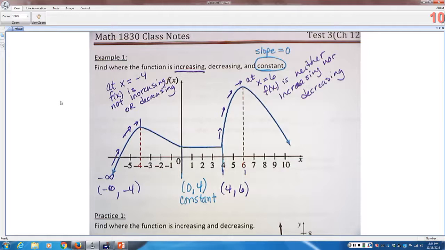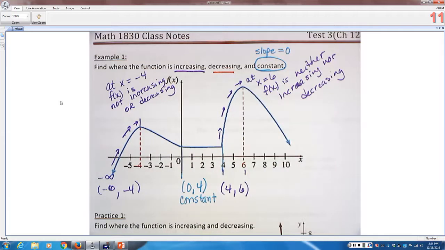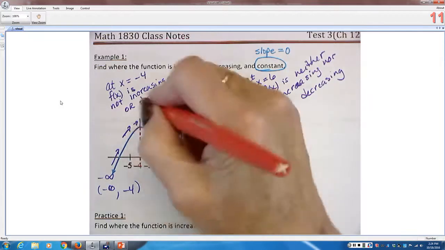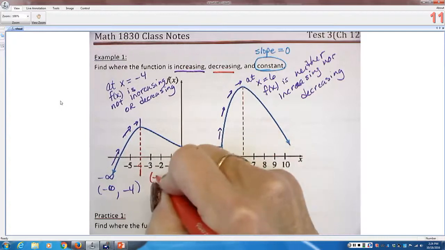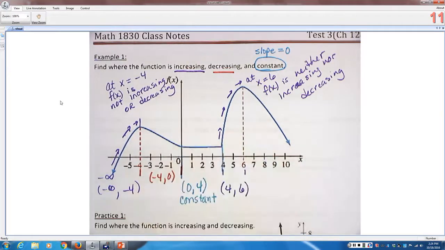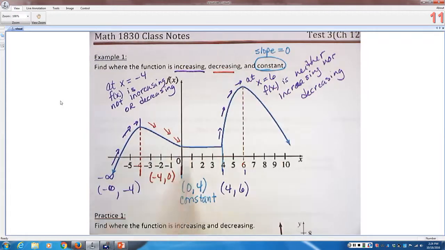So where is this function decreasing? We don't have any choices left here. -4 to 0? Yeah. From here to here, it is decreasing because it's constantly going down until it gets to 0, and then it becomes constant for a little while.